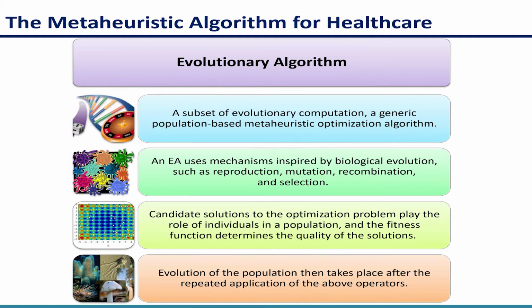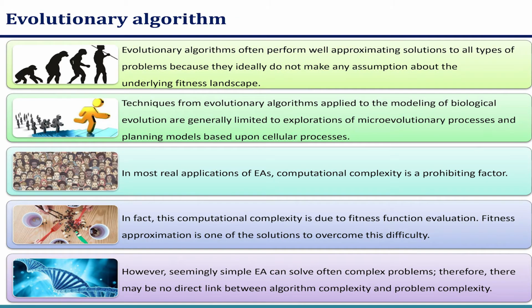Evolution of the population then takes place after the repeated application of the above operators. So this is the basic information about evolutionary algorithms.